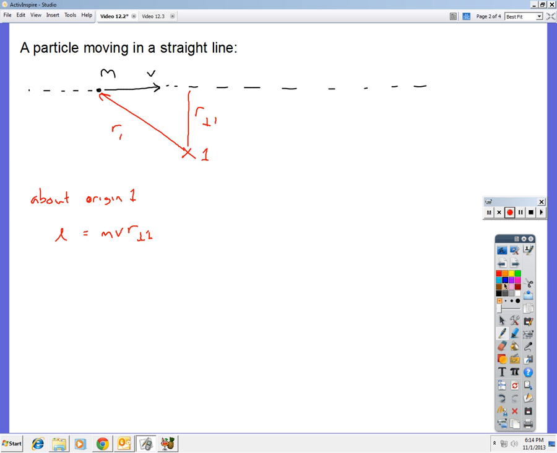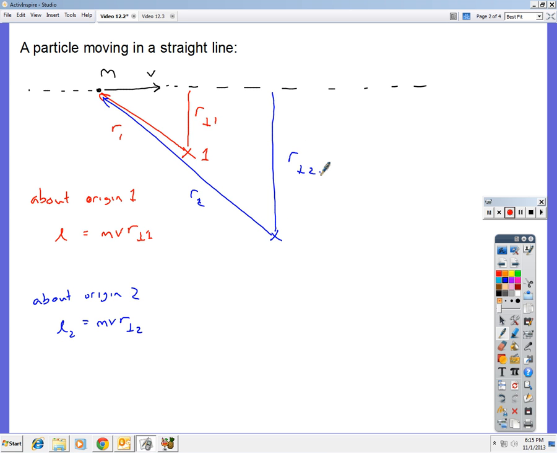Now if I pick origin 2 here, the angular momentum about origin 2 is mv times r perpendicular 2. So that's r2, and that's r perpendicular 2.